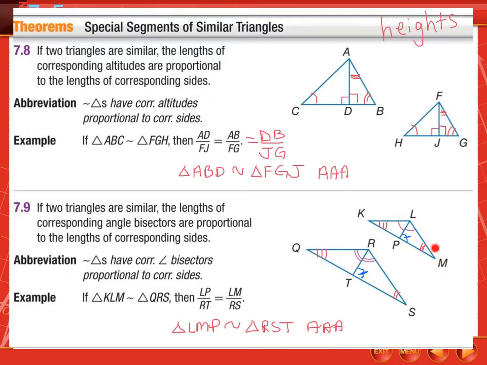But the original sides of the original similar triangles still have their proportionality, and therefore we could say that the angle bisector LP is to RT as the side LM is to RS. And we could keep going with that further and say PM is to TS.